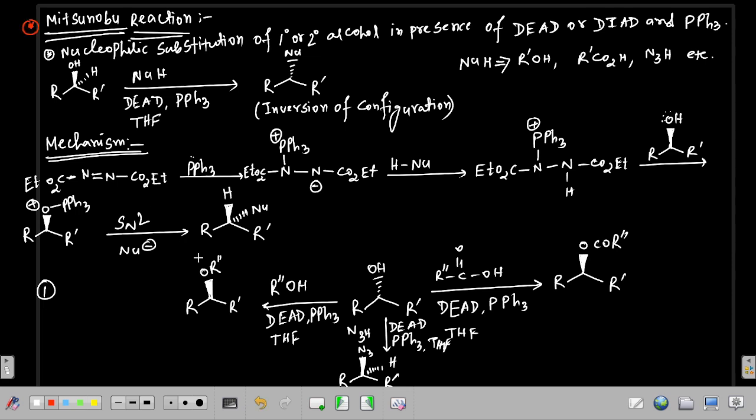Next reaction is the Mitsunobu reaction. This is a nucleophilic substitution of a primary or secondary alcohol in the presence of DEAD, which means diethyl azodicarboxylate, or DIAD, diisopropyl azodicarboxylate, and triphenylphosphine. In the case of a primary alcohol there is only nucleophilic substitution, but in the case of a secondary alcohol there will be inversion of configuration.